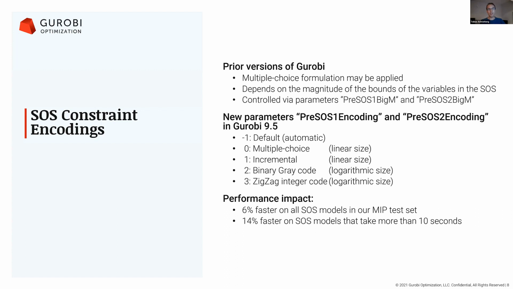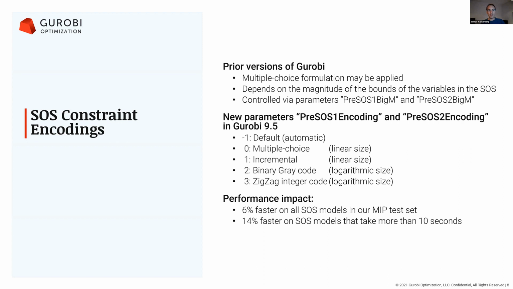The reason why we do this is that the MILP formulation will then, of course, appear in the LP relaxation, and then usually the performance will improve because the LP relaxation somehow treats the SOS constraint as well, which is not the case if you only deal with the SOS constraints by branching.